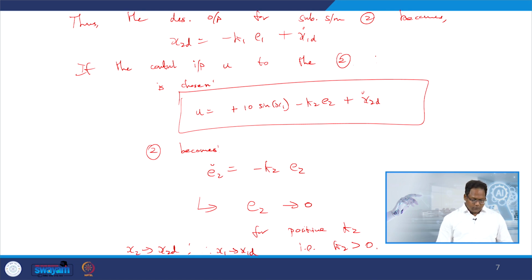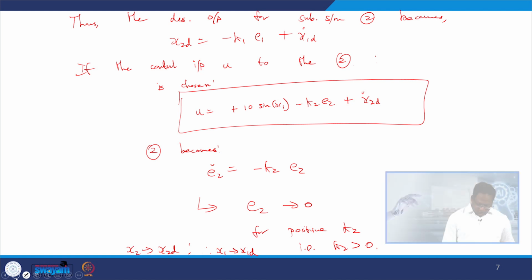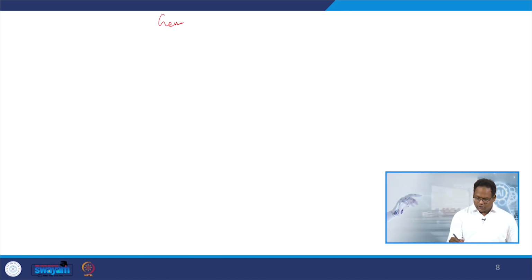Okay, so this is the thing, and now let us see how to generalize this concept of the design of backstepping controller. So, we are going to see how to generalize the backstepping control algorithm.